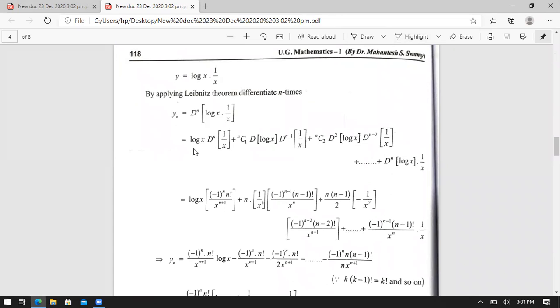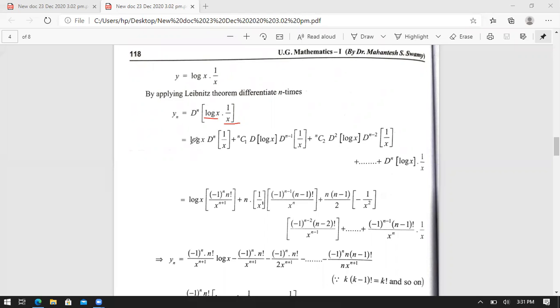After that, this log x is the first function and 1 by x is the second function. I already told this one. This is the u and this is the v. Applying the Leibniz theorem, first you remember this one that you already wrote. What is the Leibniz theorem formula? First, you take u into the nth derivative of v.